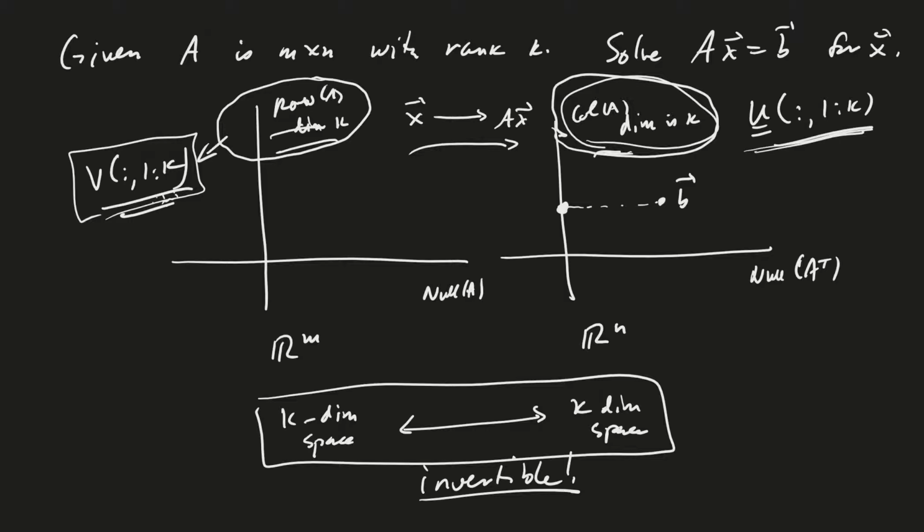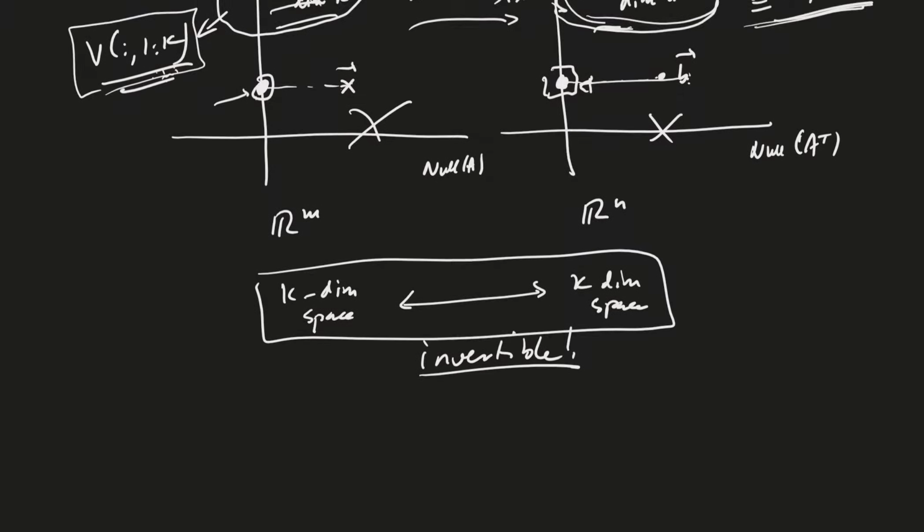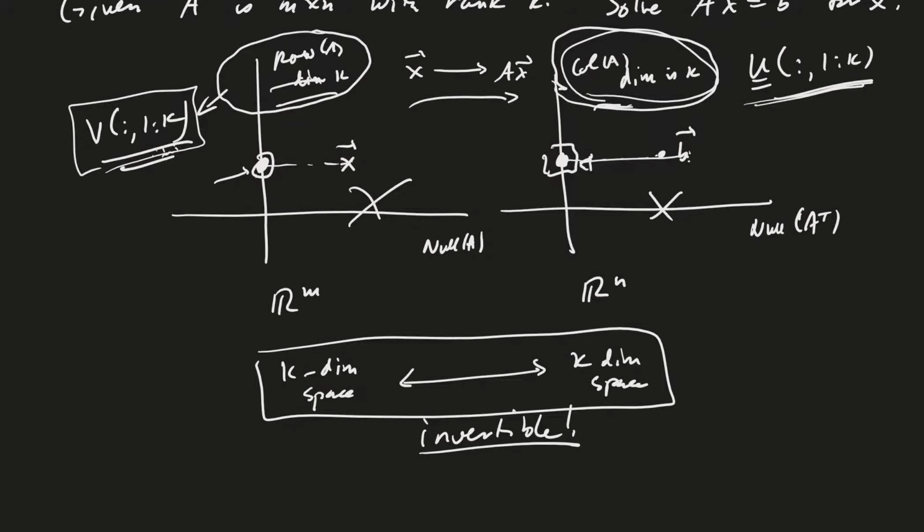And so what's going to happen then is that we're going to be looking for an x that's also just in the row space, right? I'm not going to be worried about the null space of either space. So the solution is going to be in the row space, and the b that I'm looking for is actually in the column space, not out here. Okay, good. So that's the idea behind it.